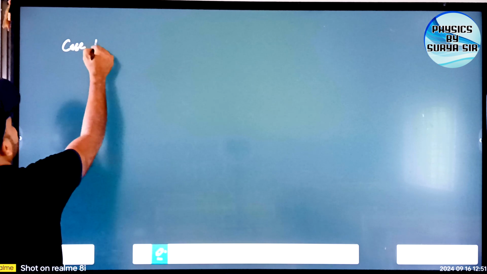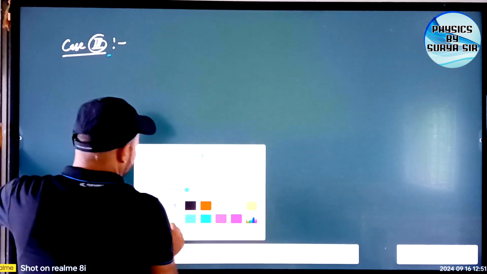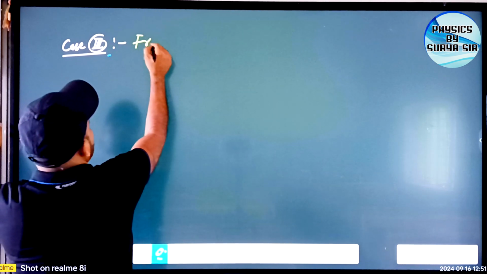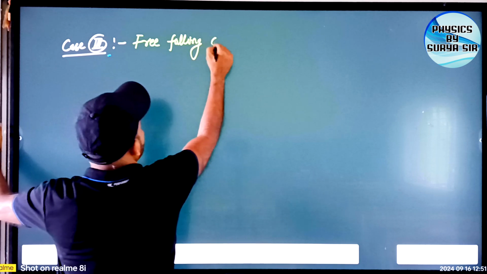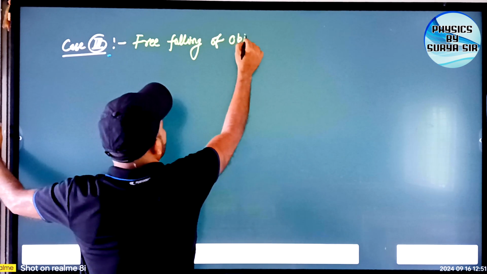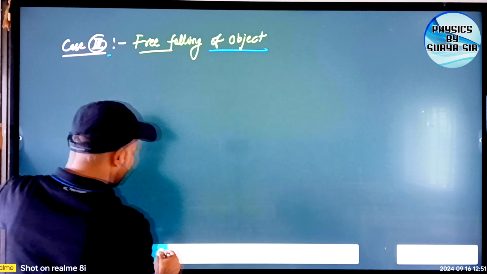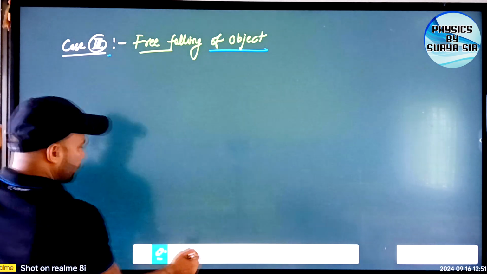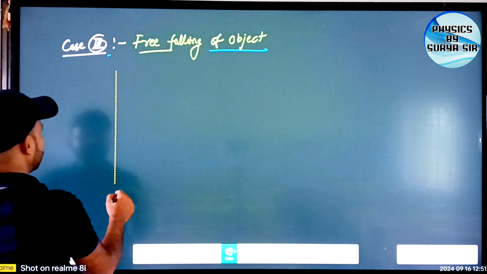Now the third and last case is free falling. Case third is free falling of the object. When the object was falling downward, we have already derived the equations, and it is the same case.